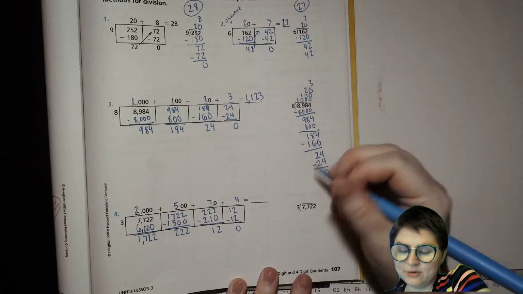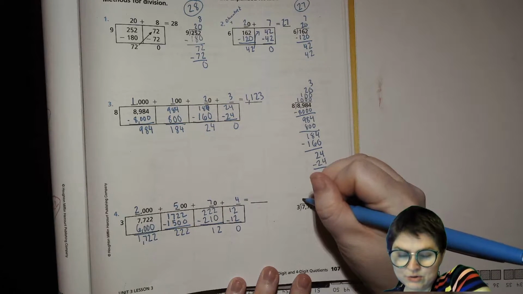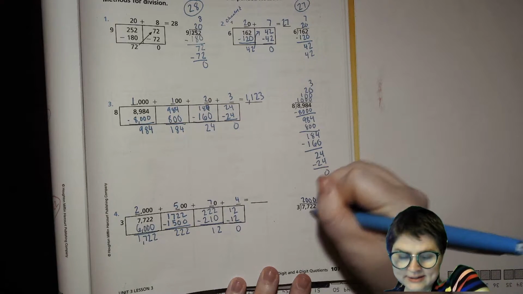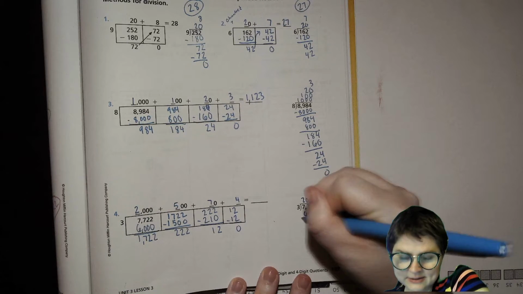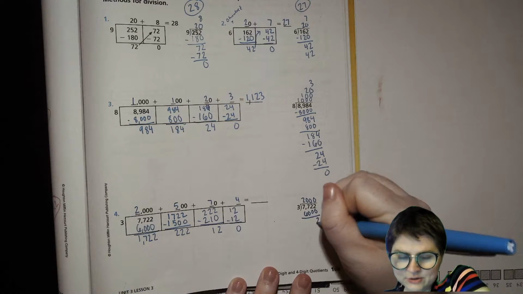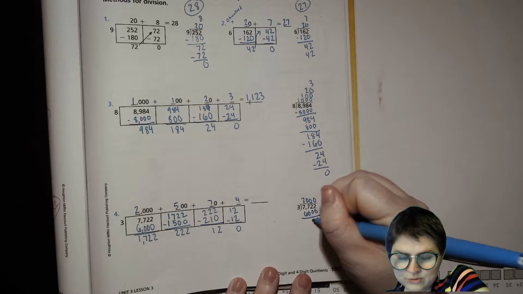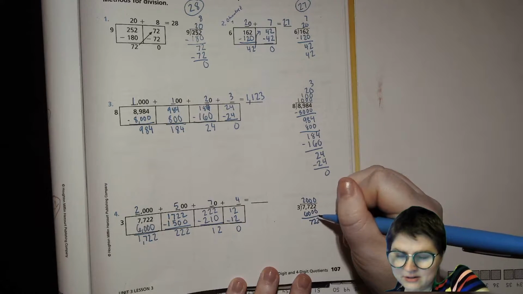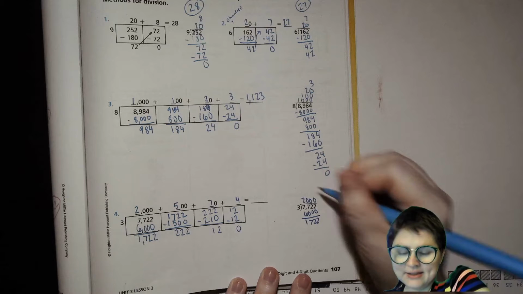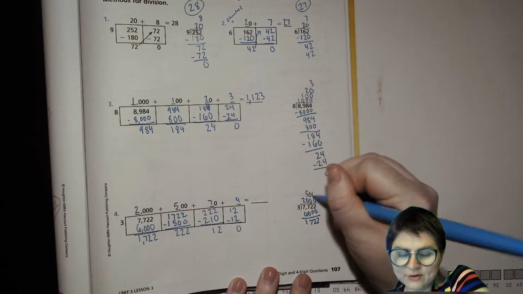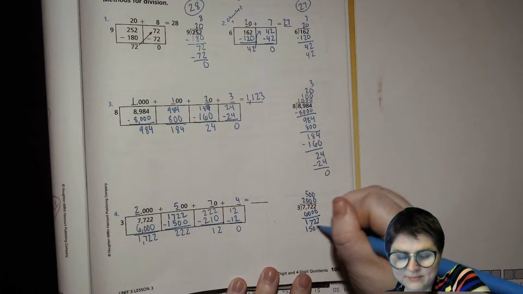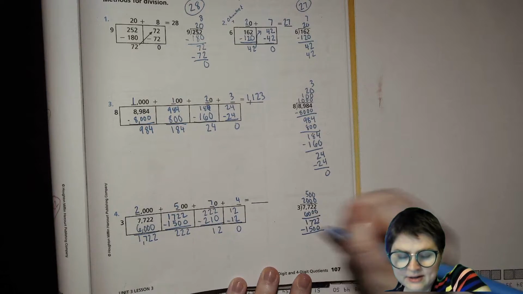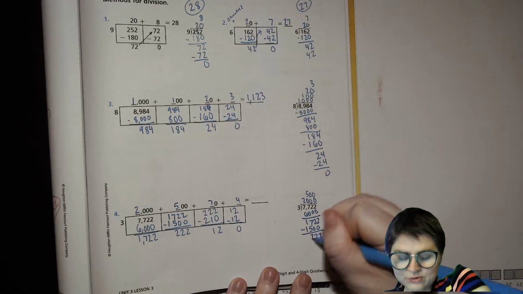So same thing over here. 2,000 gets us 6,000. And then we subtract 1,722. And then 500 gets us that 1,500. And then 222.